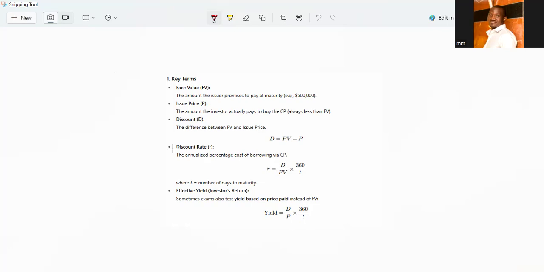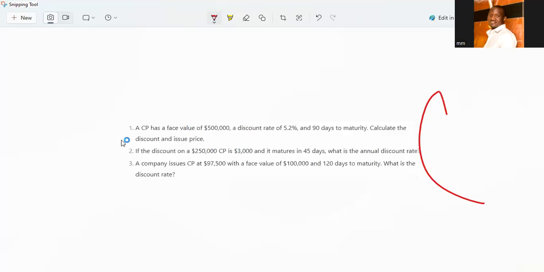Those that have other papers, please share them with me so that we do as many exam papers as possible. Question one, anyone behind so far on the calculation of the issue price and the discount?